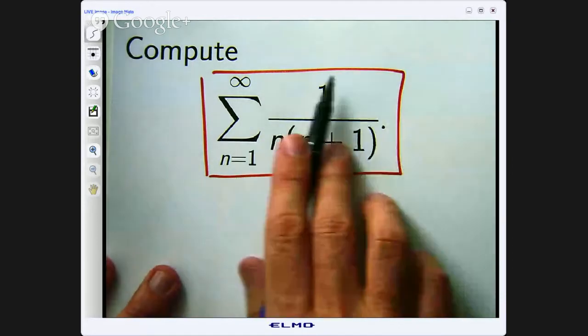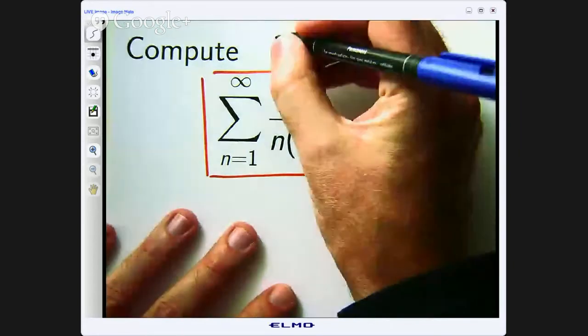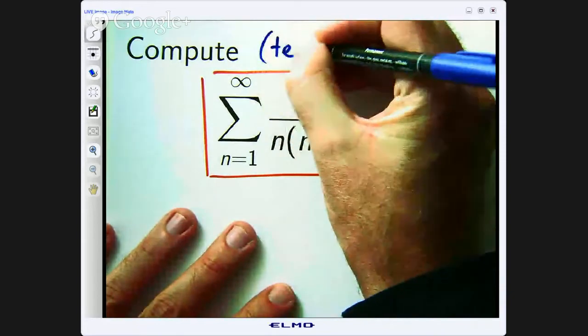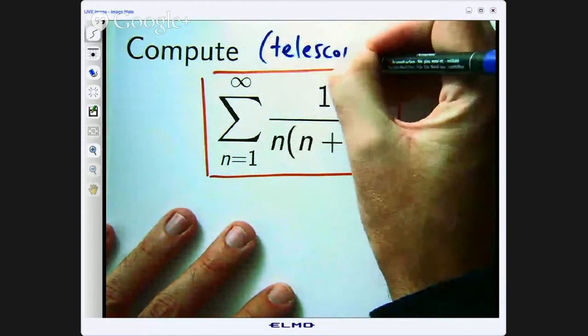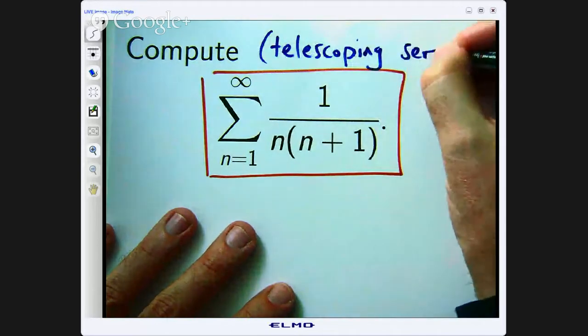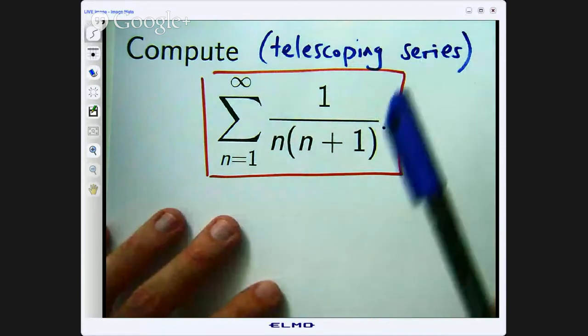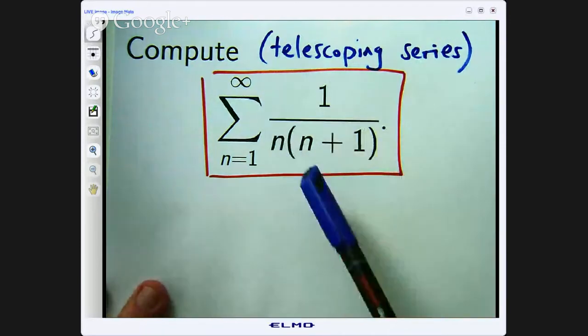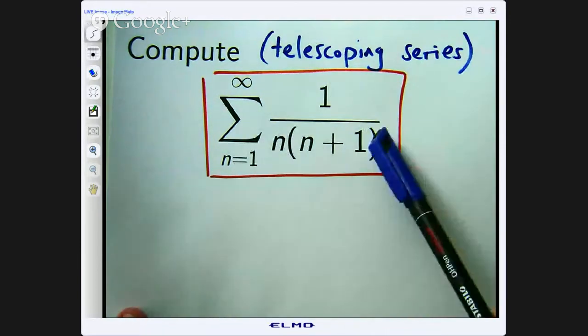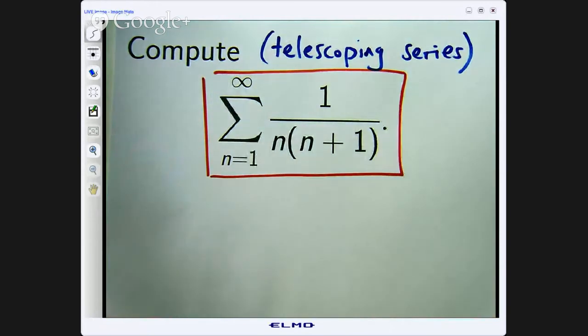This kind of series is a telescoping series. Okay, so let me just write that down. A telescoping series or a telescoping sum. All right, maybe sum is a better word here. But what happens is when we write out the first, say, big N terms of our series or our sum, you get a lot of cancellation going on.